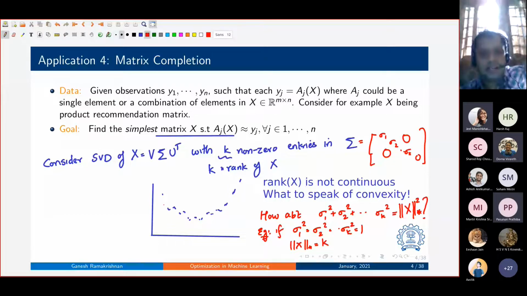So it turns out that if you were to use this, let me use a shaded color here, it will turn out to be something like this.